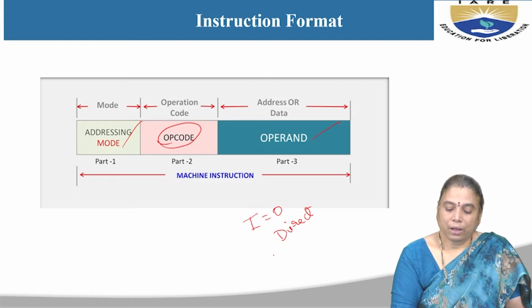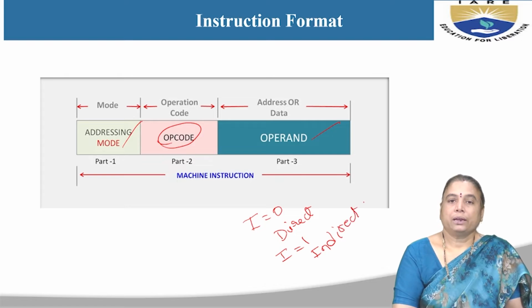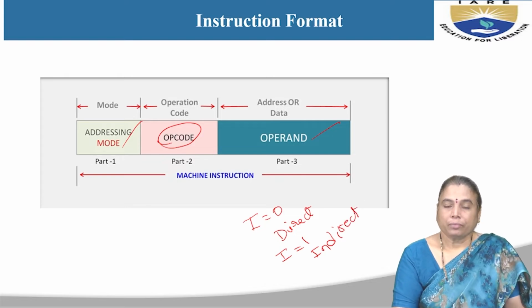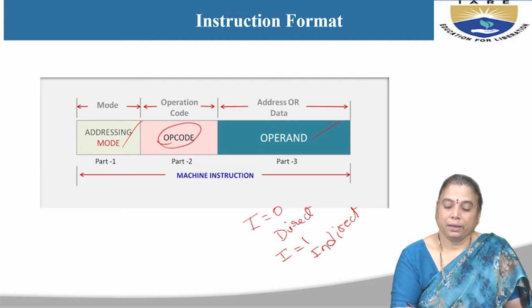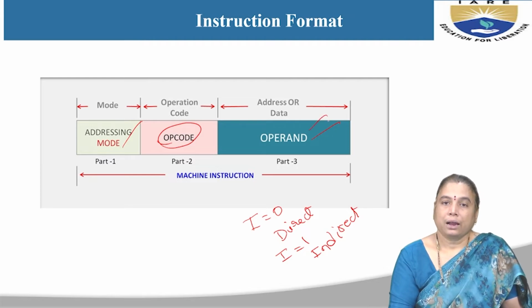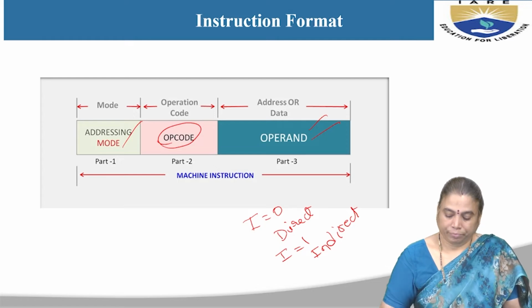In case the I value is equal to 1, it is an indirect address. During indirect addressing, the effective address of the operand is specified in the address part of the instruction, so two cycles are required in order to fetch the operand.